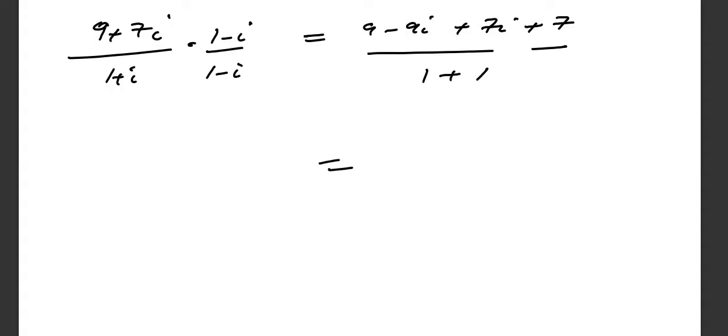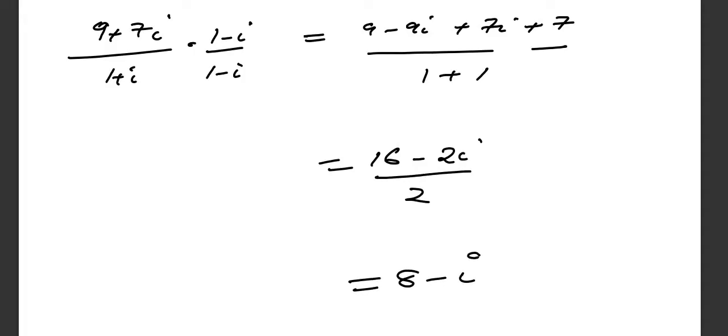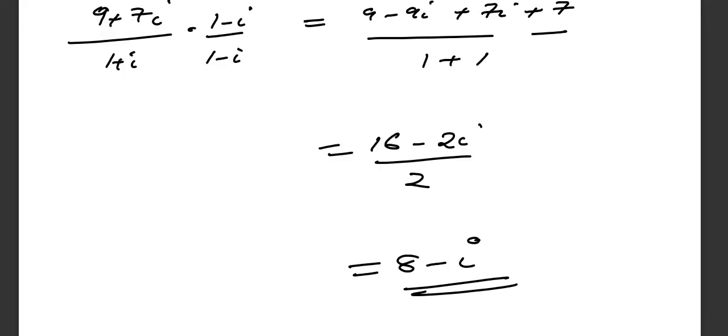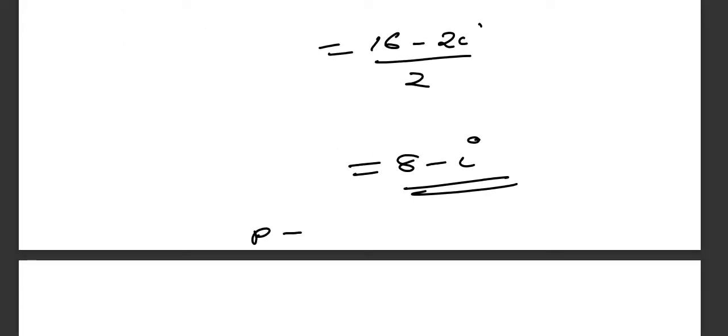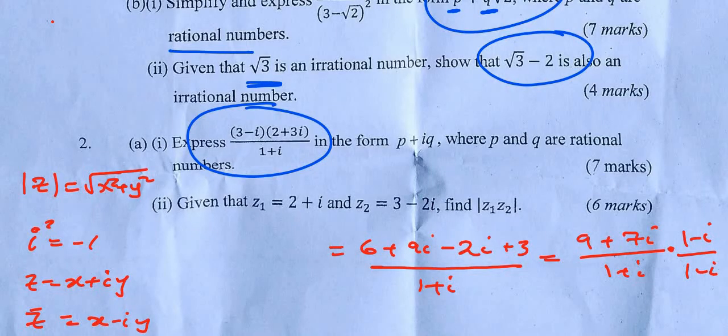This will be 16 minus 2i over 2. This ends up giving this. They already knew it was going to be like this. We tell them what the p is. P will be 8 and q will be negative 1, the coefficient of i, what's in front of i. This is what you were supposed to get on question 2a.